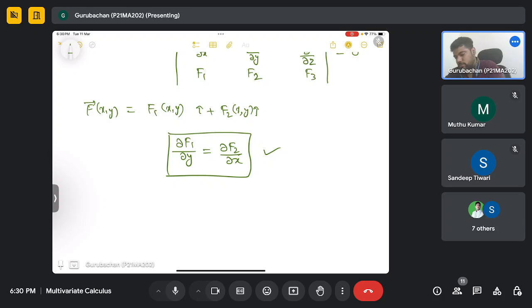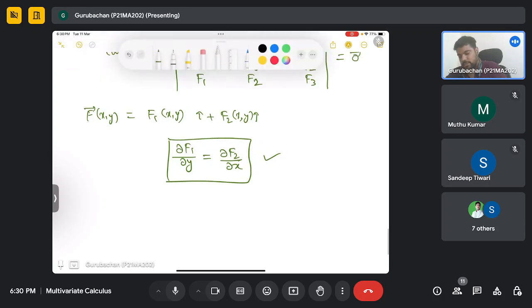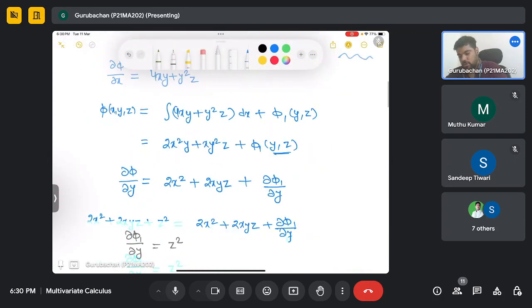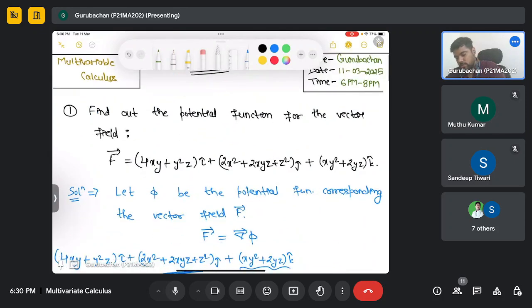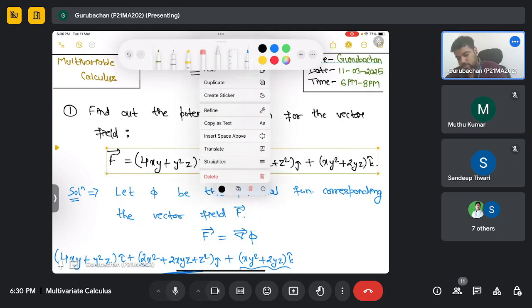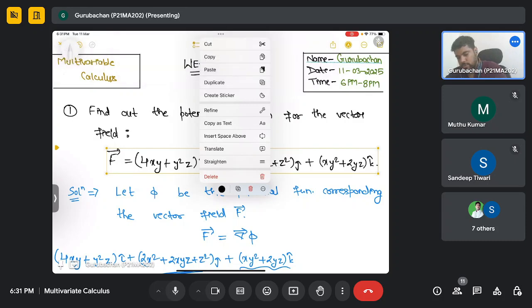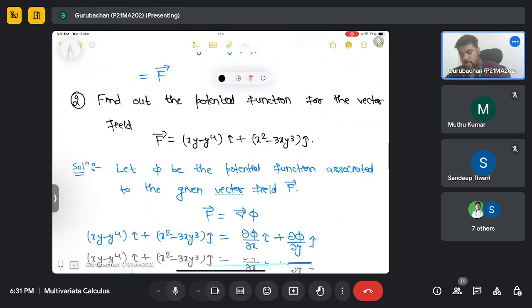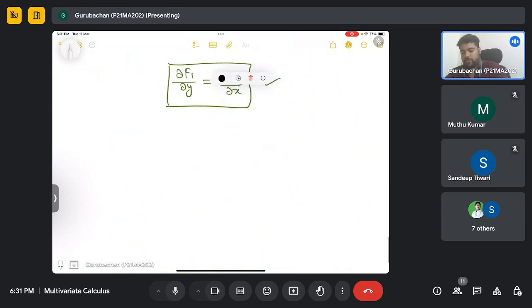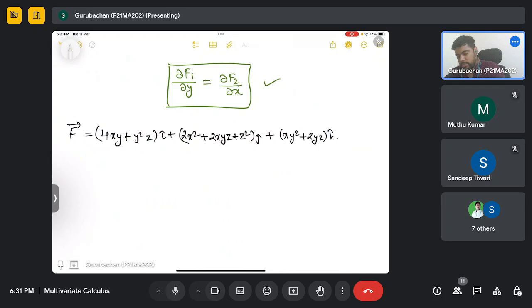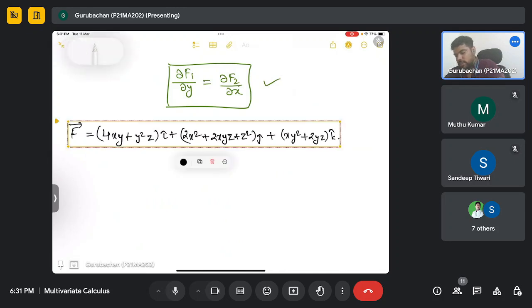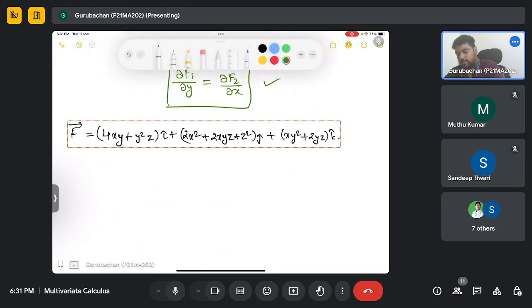So let us just copy this equation. This is our given f for the first question, and we need to calculate its curl.